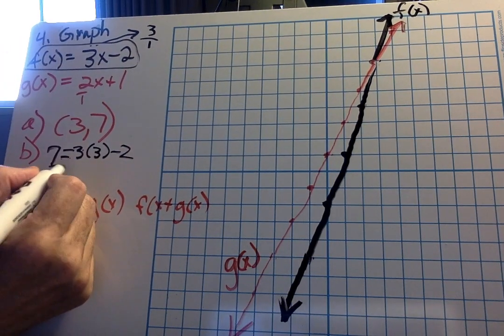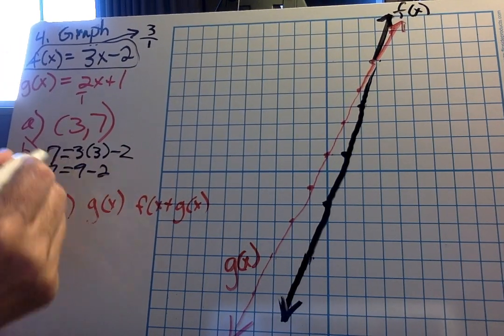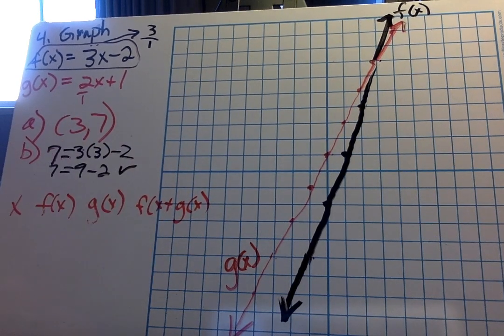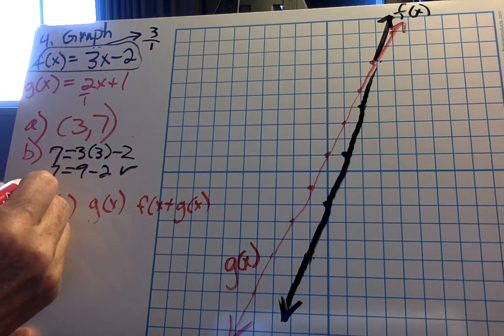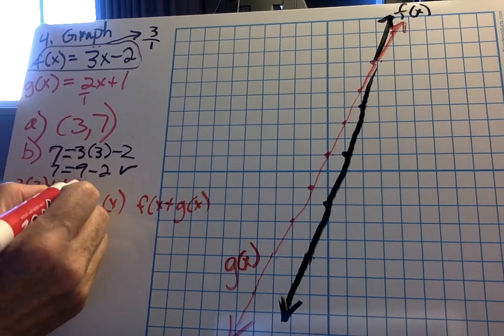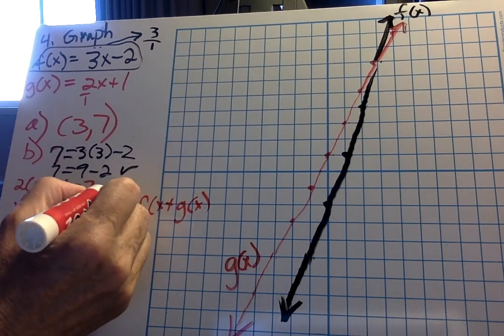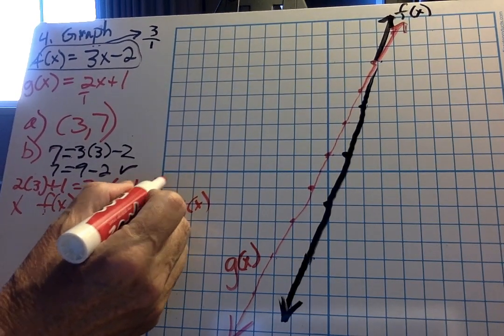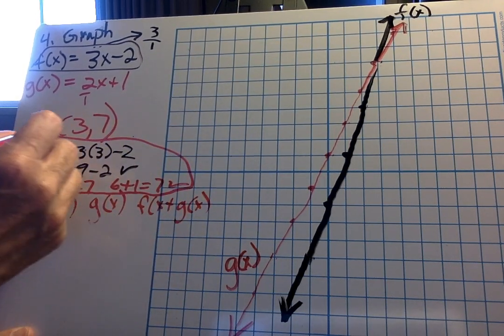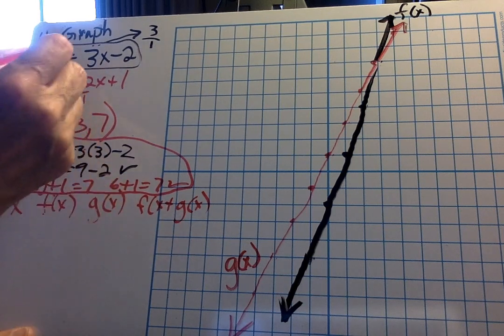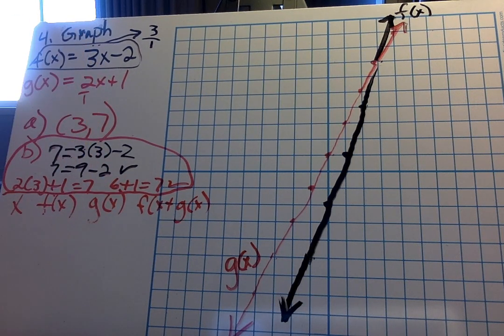Then I would say, does 7 equal 9 minus 2? Yes, so that one checks. The next you would want to do is put 3, 7 into the red one, the g of x. Does 2 times 3 plus 1 equal 7? 6 plus 1 equals 7, so that checks. So I showed by substituting in 3 and 7 that that makes a true statement for both equations there.